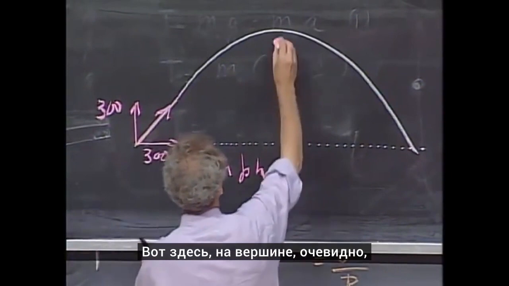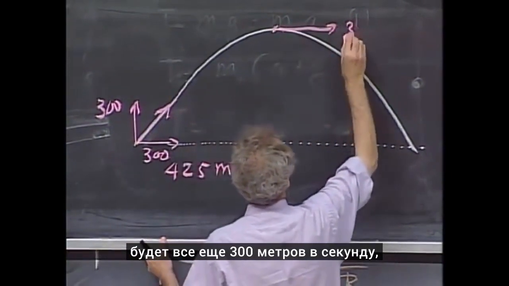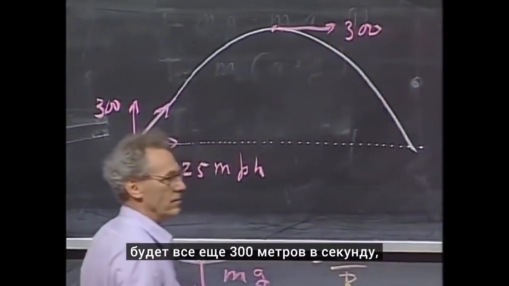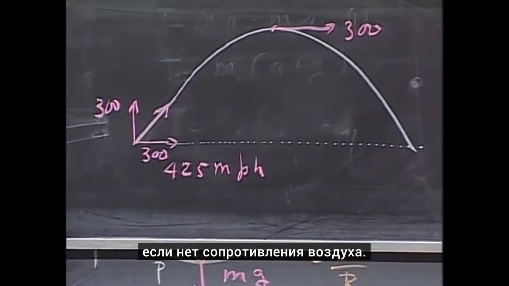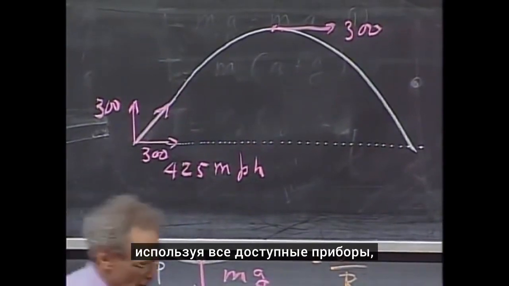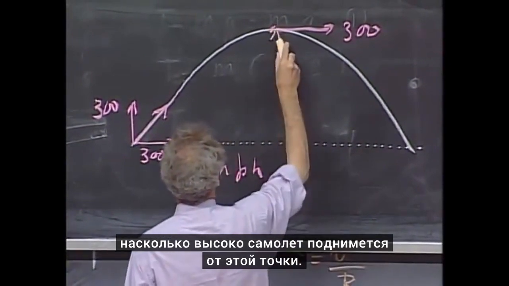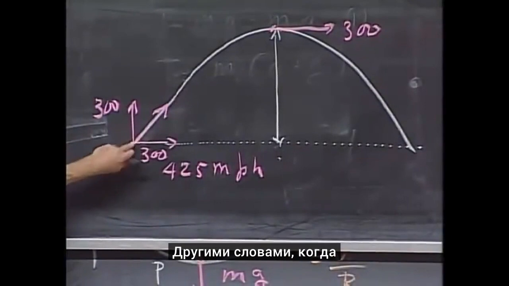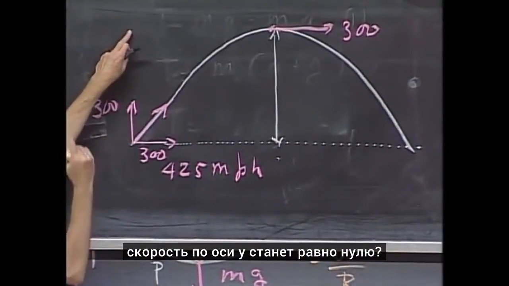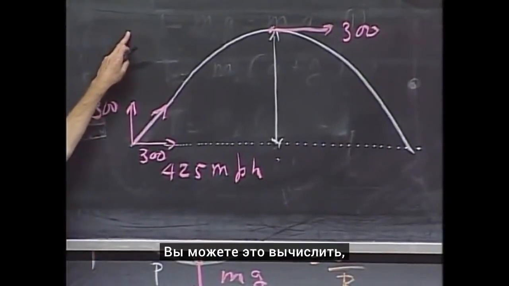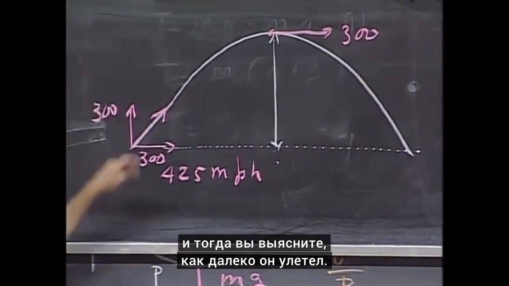Right here at the top, clearly, there will still be 300 meters per second in the absence of any air drag. You should be able to calculate with all the tools that you have available how high this goes from this level. In other words, what is the time that the velocity in the y direction comes to zero? You can calculate that, and then you know how much it has traveled.